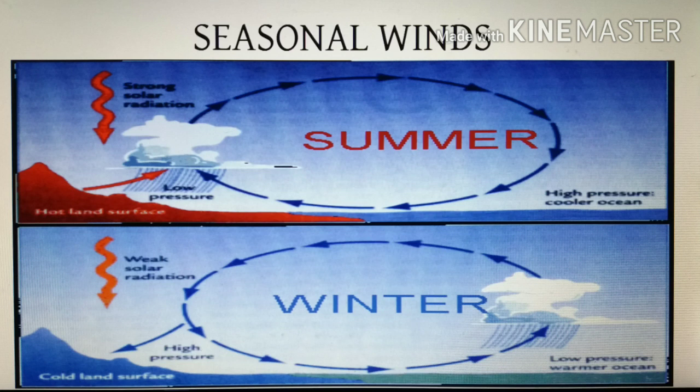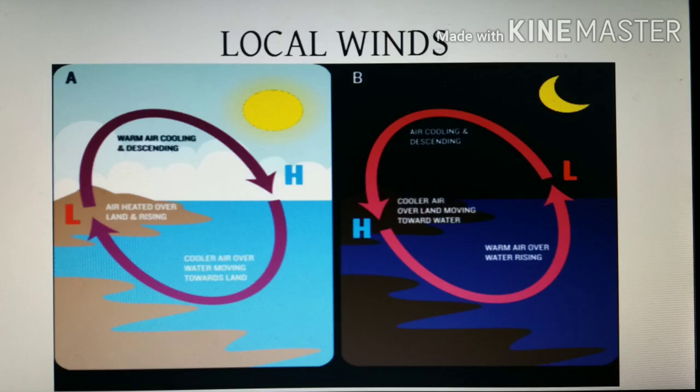Here we can see summer, winter, means based on the season, they will blow from high pressure areas to low pressure areas. The best examples of the seasonal winds are monsoon winds and land and sea breezes, right? So next, coming to local winds.